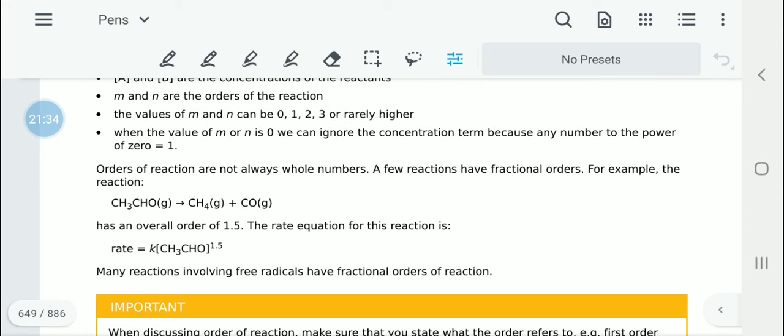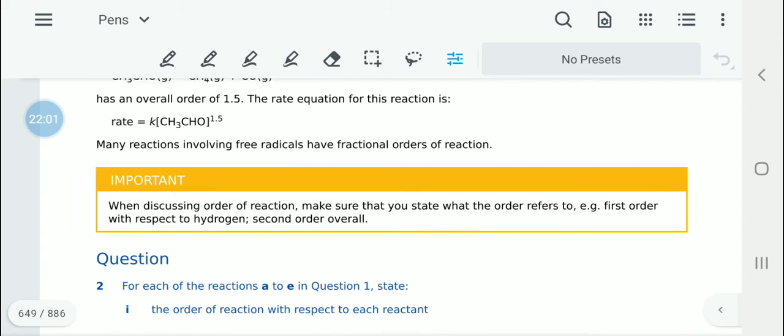So if you take CH3CHO gas giving CH4 gas and carbon monoxide, it has an overall order of 1.5. So the rate will depend on CH3CHO to the power 1.5. If there are free radicals involved in a particular reaction, usually we get a fractional order of the reaction.